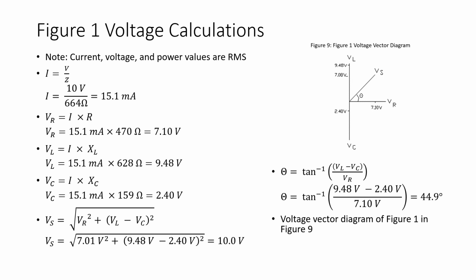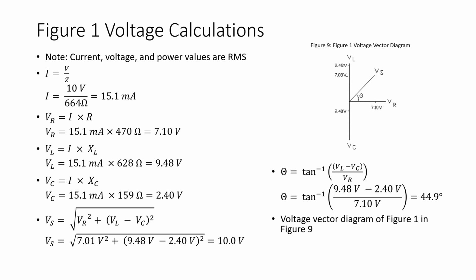Now, for the current and voltage calculations, again, I'm using the RMS equivalent of the 14.14 volts peak. So the current in the circuit is V divided by Z, 15.1 milliamps. And the voltage dropped across the resistor is I times R, 7.1 volts. The voltage across the inductor, I times X sub L, is 9.48 volts.